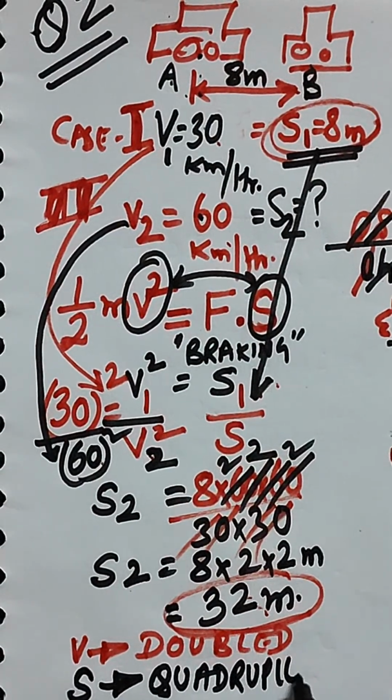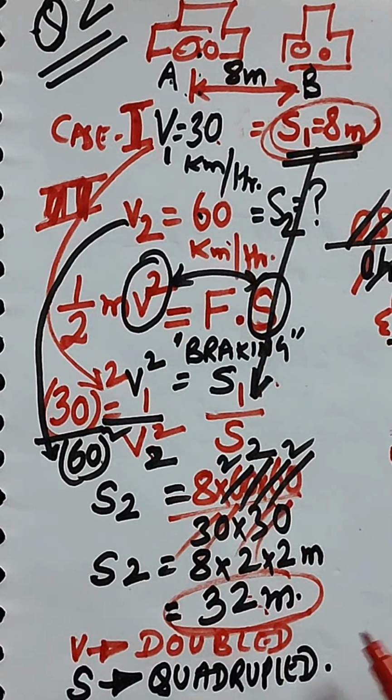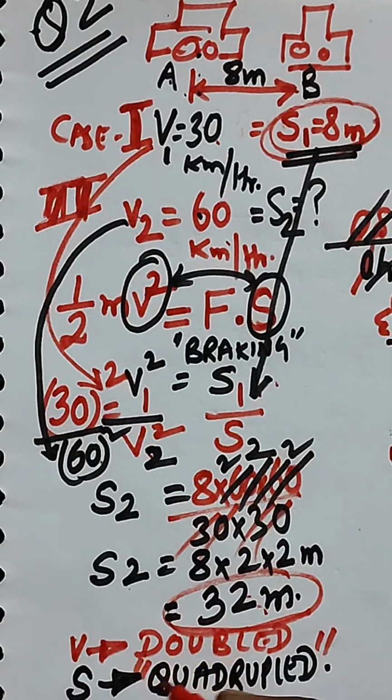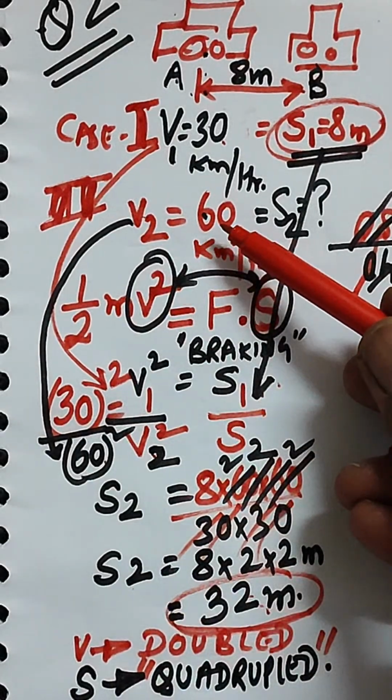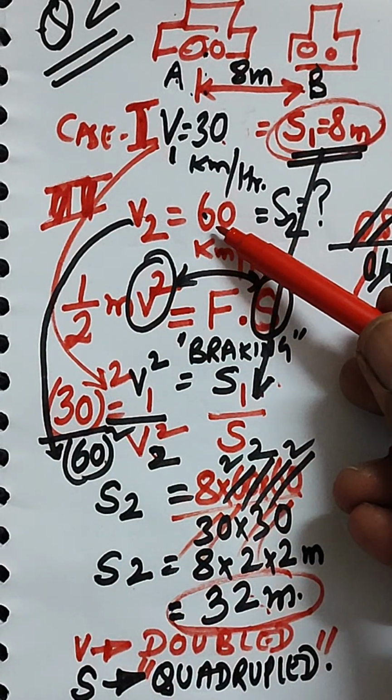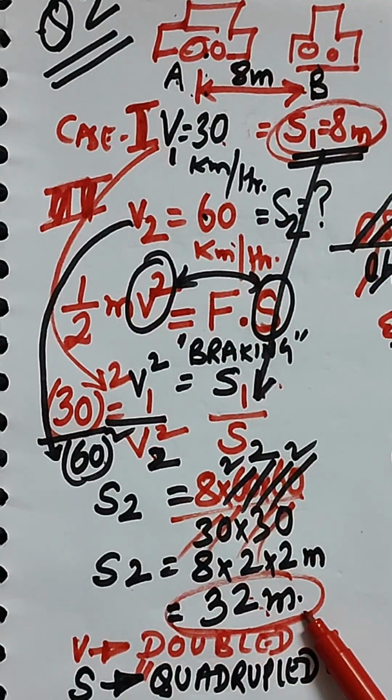That means it becomes 4 times. So you can see, though the speed is higher in the second case, the car takes a long distance to travel before stopping.